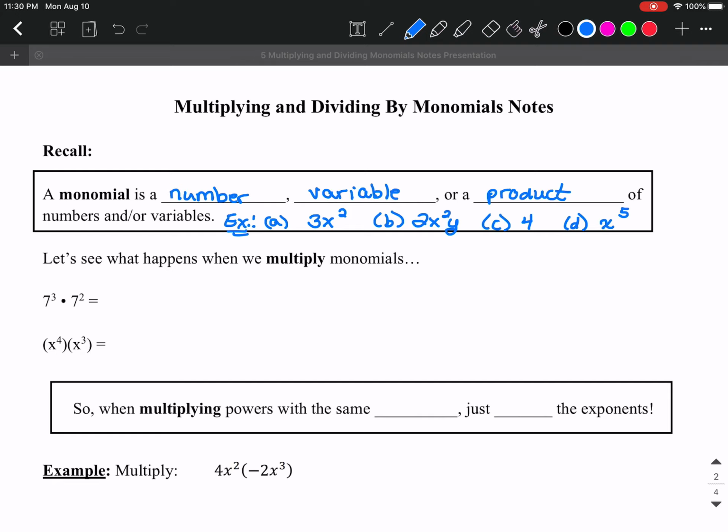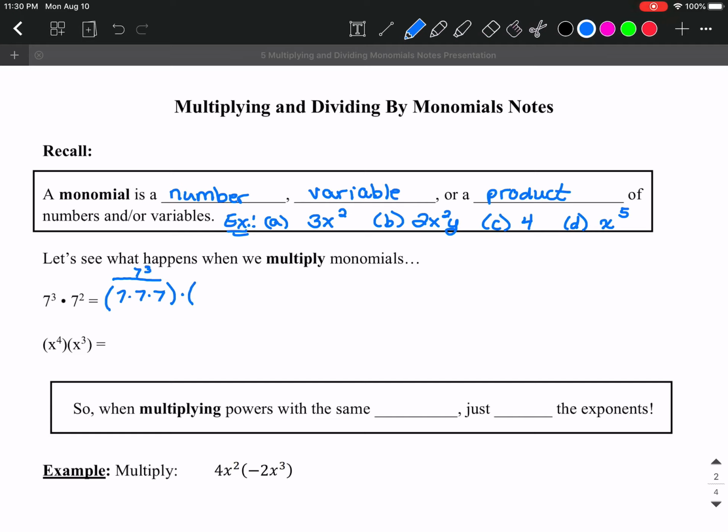So now let's see what happens when we multiply monomials. For instance, if we have 7 to the 3rd times 7 to the 2nd. Now remember, 7 to the 3rd means multiply 7 by itself 1, 2, 3 times. Okay, so all of this is your 7 cubed.